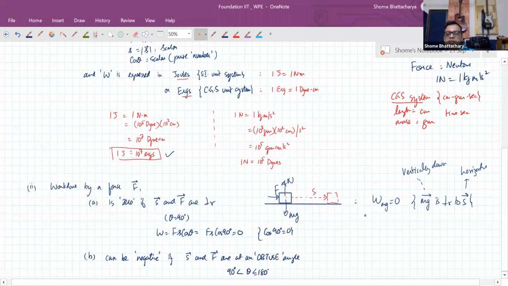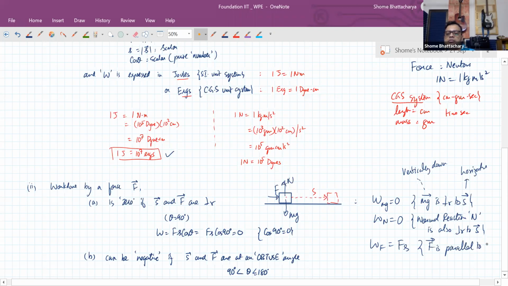Similarly, in this example, the work done by normal reaction will also be 0, because normal reaction is also perpendicular to the horizontal displacement. But the work done by F will become F into S, because the force F is parallel to the displacement. So theta is 0 for it, and cos 0 is 1.